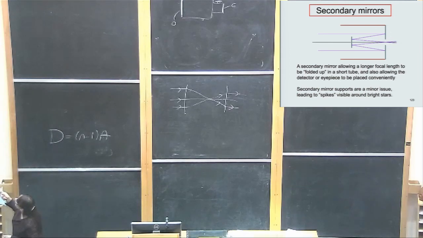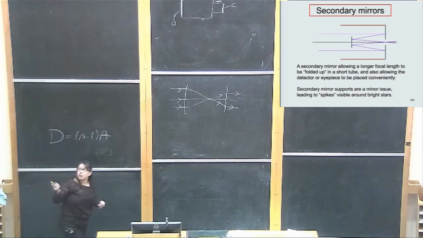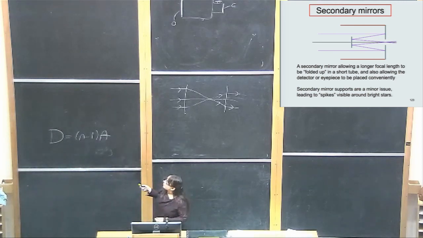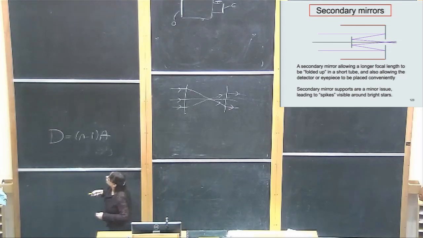But if you put a flat mirror, maybe something like half a focal length of the main mirror away from it, then of course it just gets reflected, and then you'd have your focus here, and you can put an eyepiece. You'd want it a little bit behind, but anyway, you put an eyepiece there, and an observer could sit outside. So that's obviously much better, a much better place for an observer to sit out here rather than in here, blocking all the light.